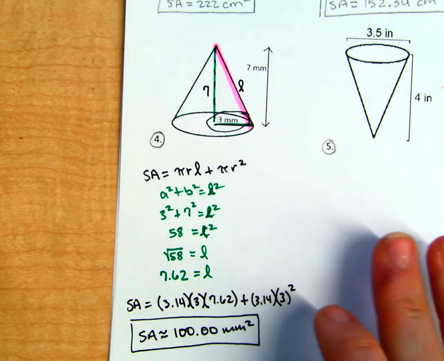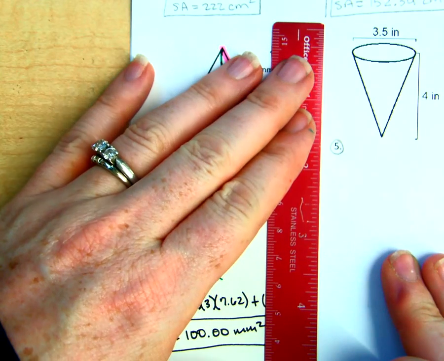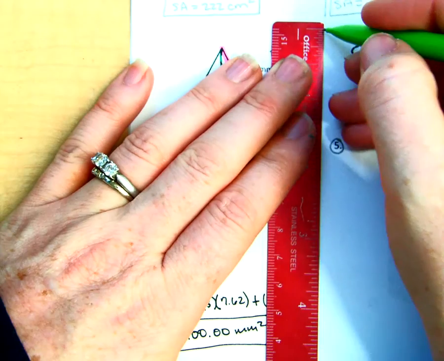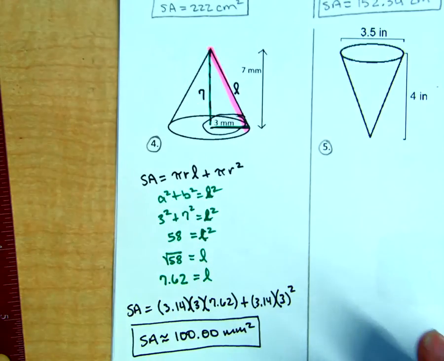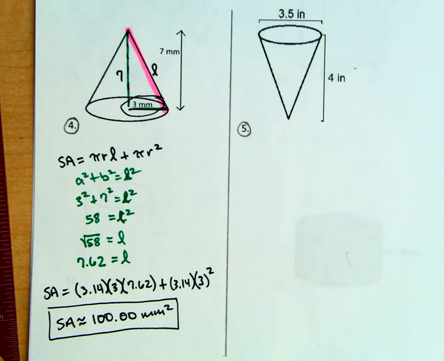So let's do that one more time. The only difference between these two, and the reason I'm actually working a second one here for you, is that instead of giving you radius, I gave you diameter. So you will have one extra step in this problem. But you're going to use the same formula because it's the same figure.